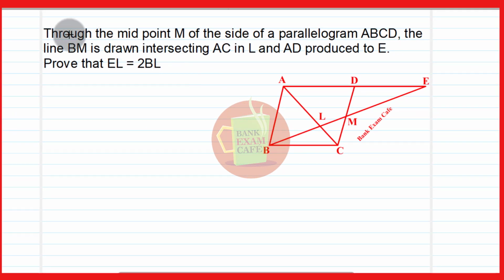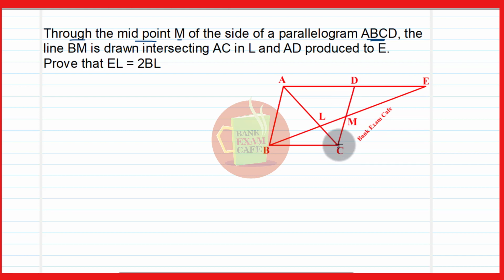Now here is a question. Through the midpoint M of the side CD of a parallelogram ABCD, it is given that ABCD is a parallelogram and M is the midpoint of the side CD.